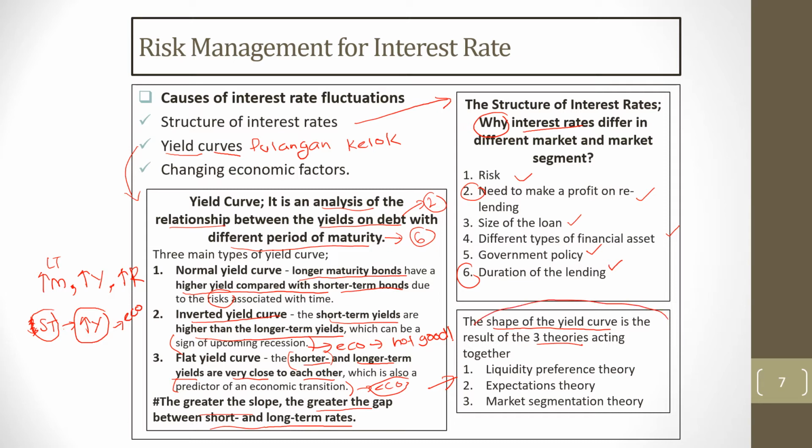Okay, so basically this theory, dia ada cerita kenapa normal yield ni dia longer maturity bond will get the higher yield. For inverted, dia vice versa dengan yang nombor satu. And flat yield, dia ada shorter and longer yield are very close to each other. So these theories already explain to you kenapa all this happen in the yield curve.